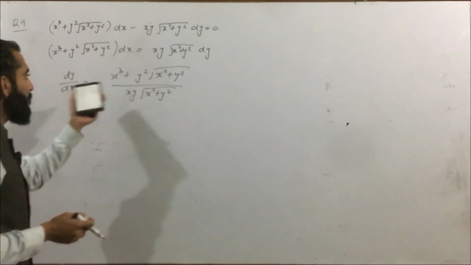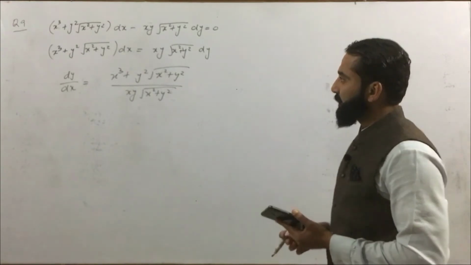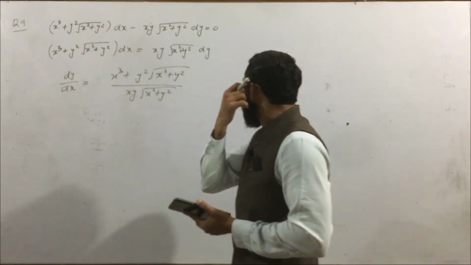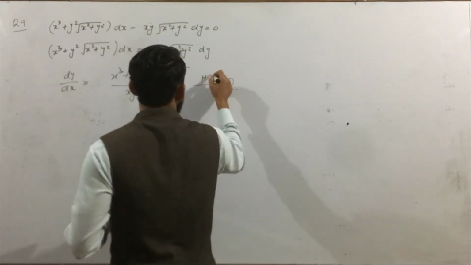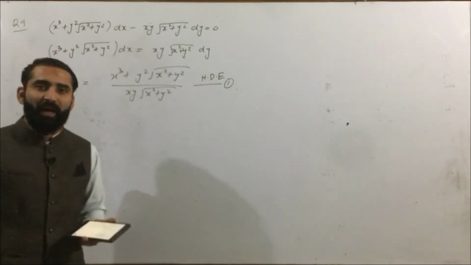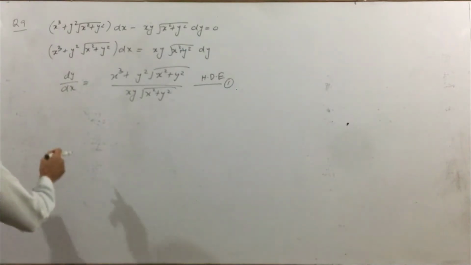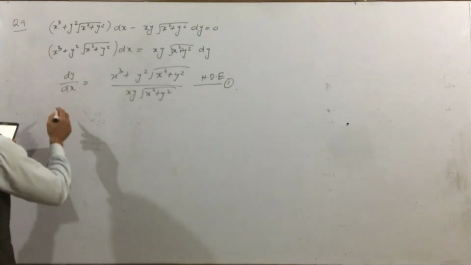It is clear that in this form, this equation is a homogeneous differential equation. Now we will put y is equal to vx, and then this equation will convert to a separable equation which we can solve easily.